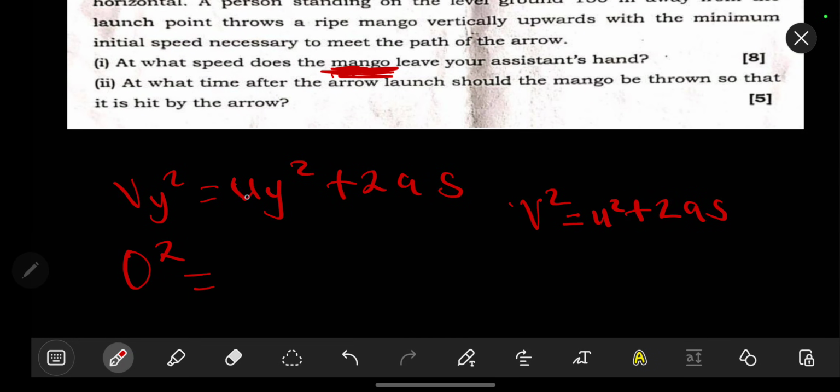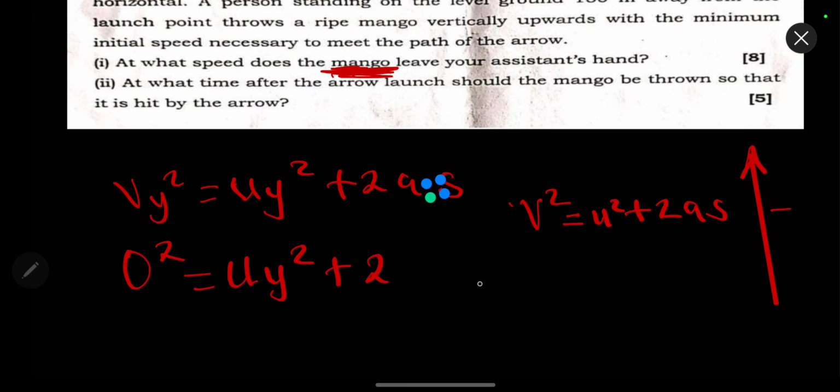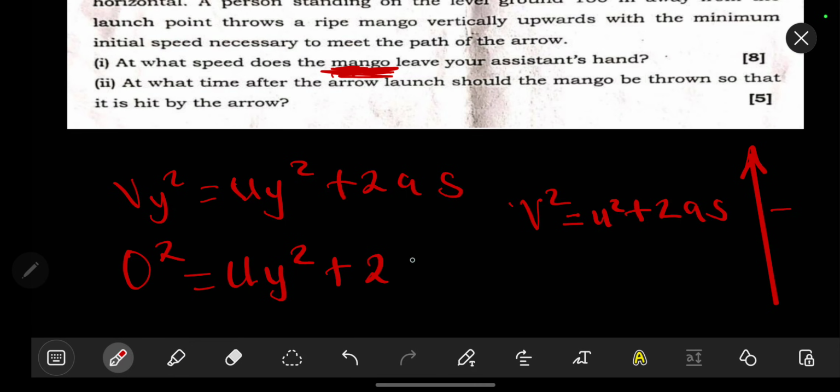The initial velocity in the y direction for the mango, it's just going up, it's not even at an angle. So we are just going to say uy squared, plus our 2a s. Since it was thrown up, the gravity was acting downwards, therefore it will attract a negative sign. So we are going to have negative 9.8 times the height.